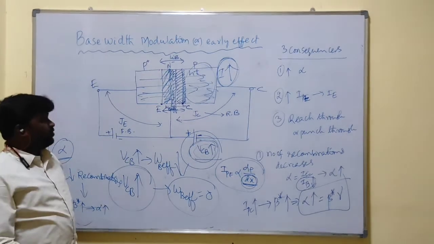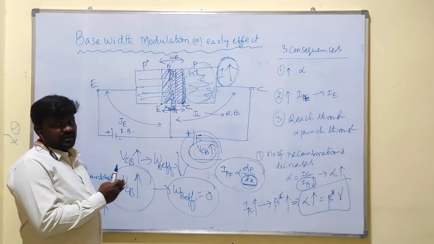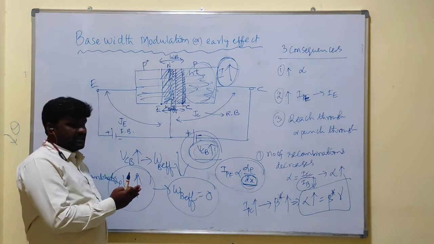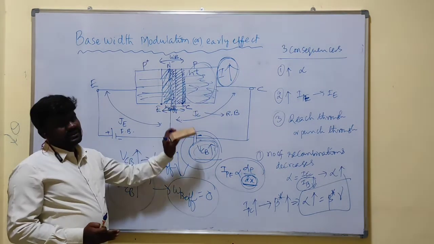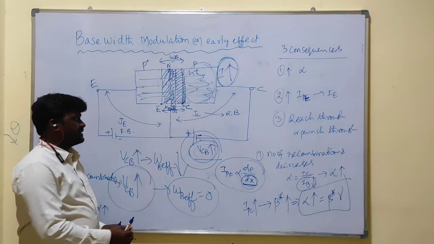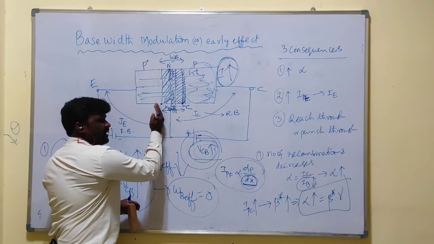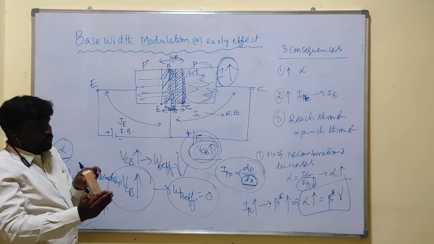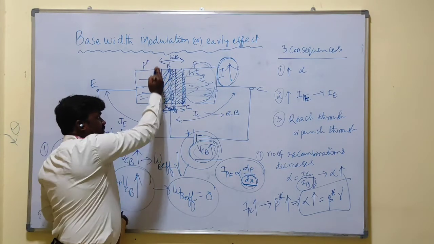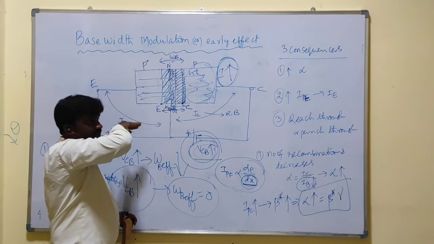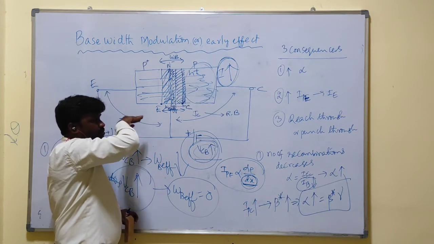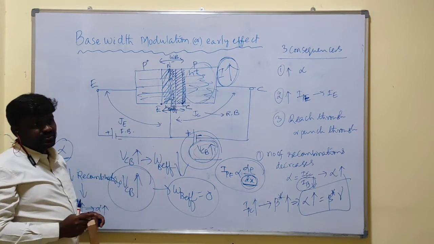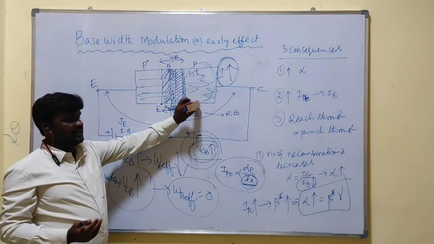It means if VCB is large, for a larger value of VCB, the effective base width becomes 0. In that case, the collector and emitter are electrically short circuited. In that case, this large voltage will appear at the emitter. Then we get more holes into the collector, which leads to more current in the collector region.